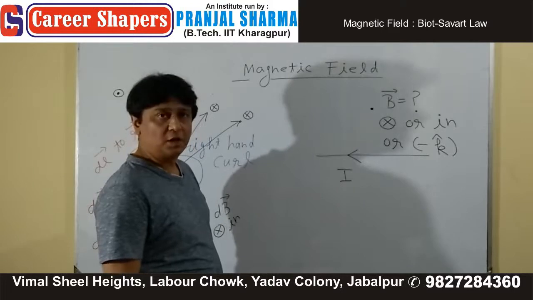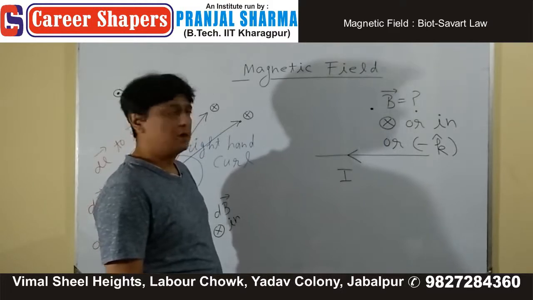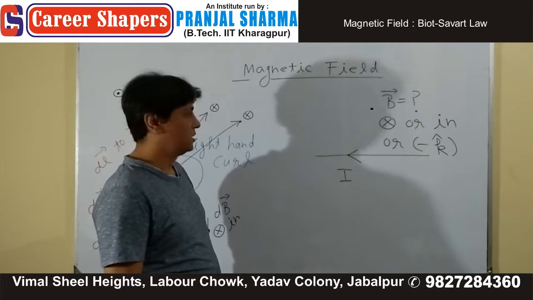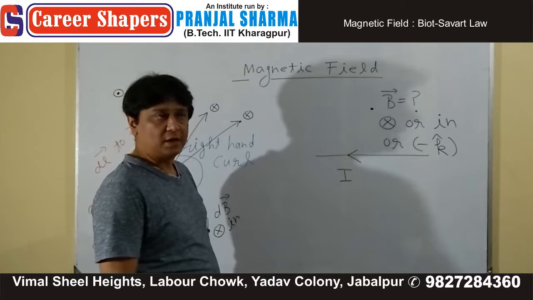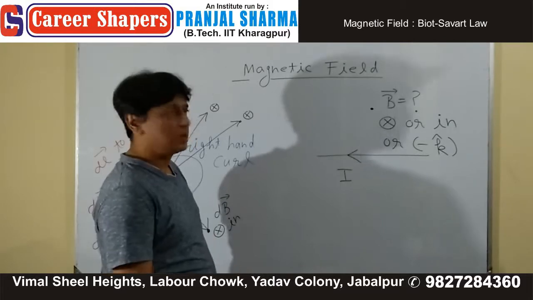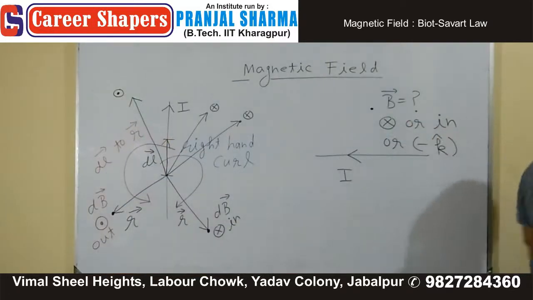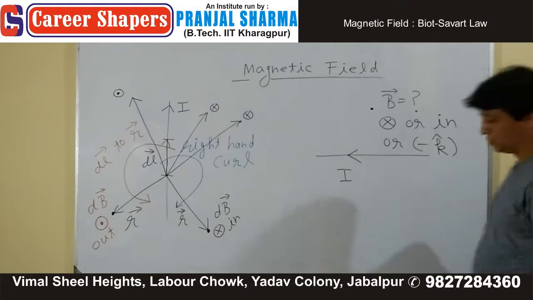A horizontal current carrying wire is carrying current from north to south.